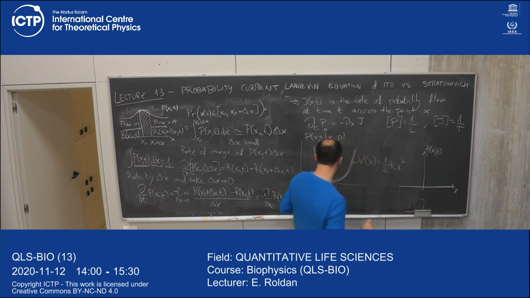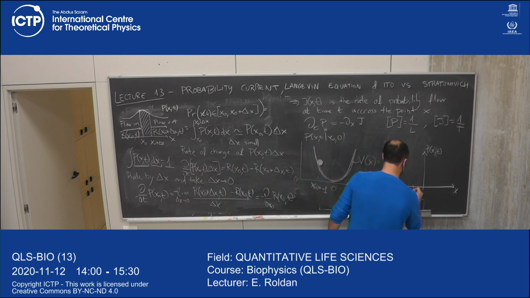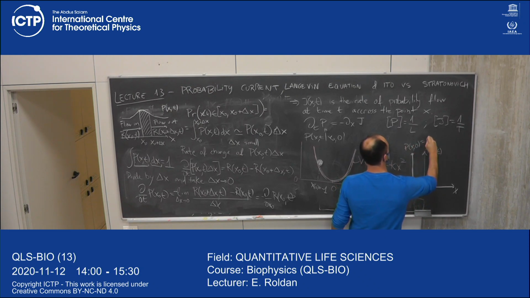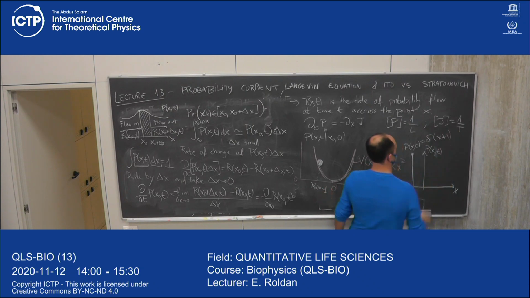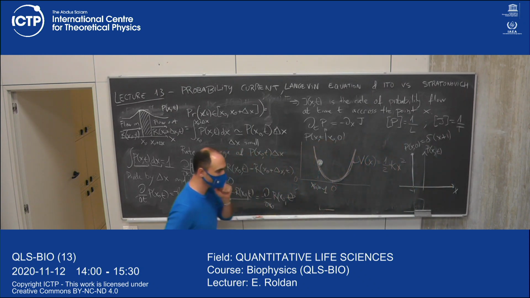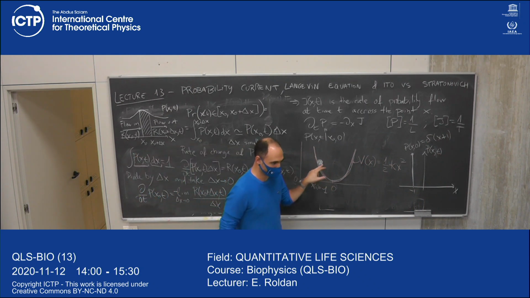At time 0, I will be sitting here, so the distribution will be peaked at -1. It will be a delta. This is p of x at time 0, which is delta of x plus 1. Okay? You agree? Then I will let the system evolve in time.